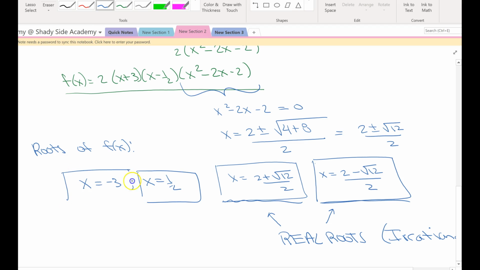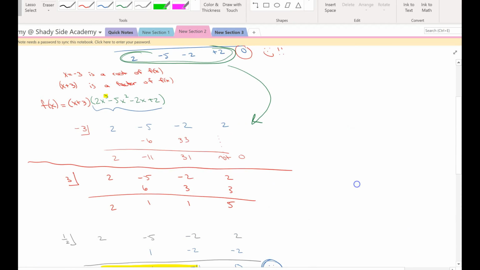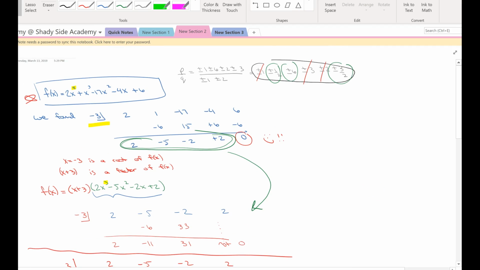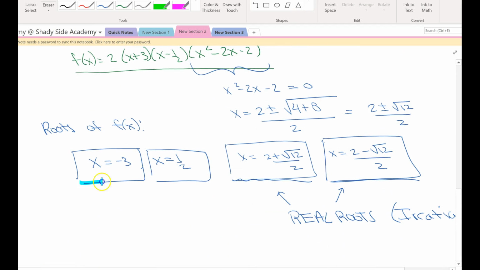Have I found all the roots? The fundamental theorem of algebra says if you count multiplicities and irrationals and the unreals, we should have, let's see, what's the degree of f of x? Where's the beginning of my story? Yay, look at that. Degree 4. I have found all 4 of my roots.